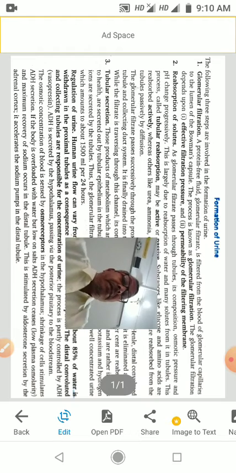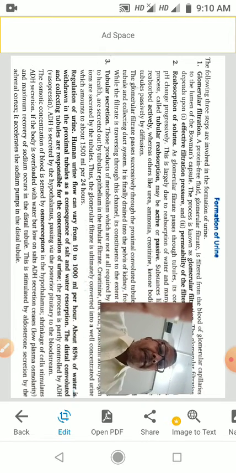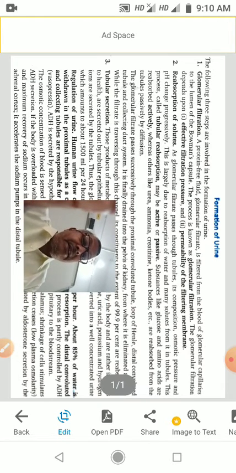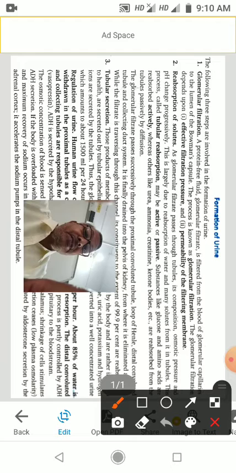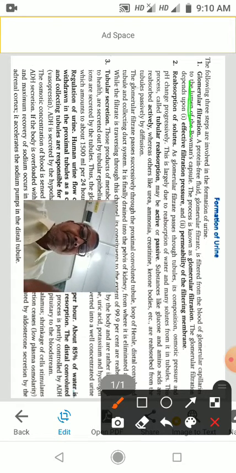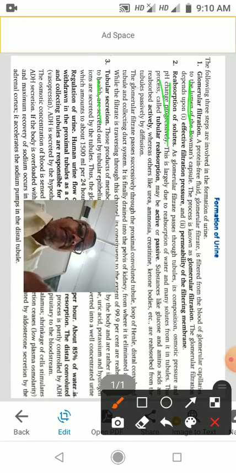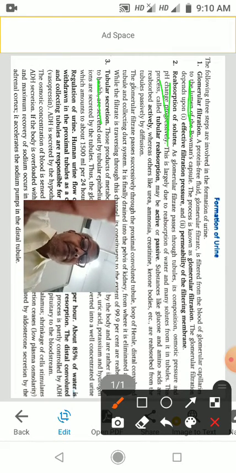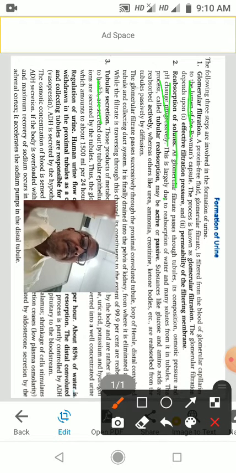So children, here I told the formation of urine. Urine formation is completed in 3 major steps. In that, first step is the glomerular filtration, second step is reabsorption of solutes, and third is the tubular secretion. Glomerular filtration occurs in the Bowman's capsule, and depends on effective filtration pressure and permeability of the filtering membrane.